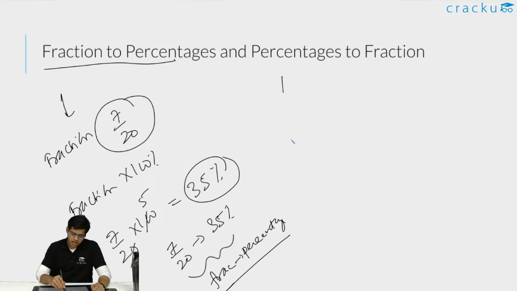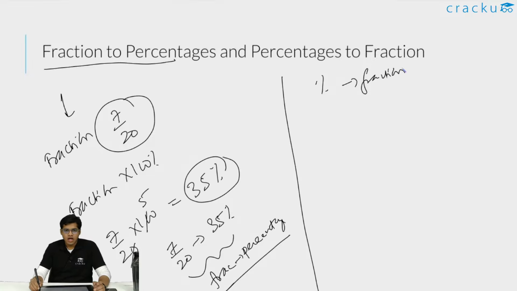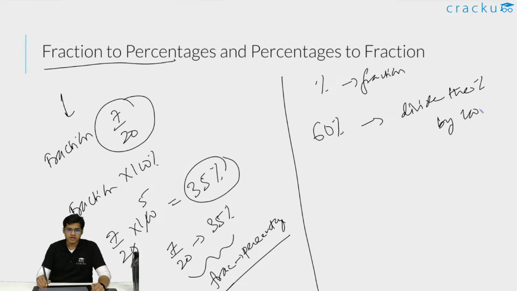Right? Second thing is percentage to fraction. Let's say the percentage be 60%. Now when we convert a percentage to fraction, the basic idea is to divide the percentage by 100. So 60 has to be divided by 100.